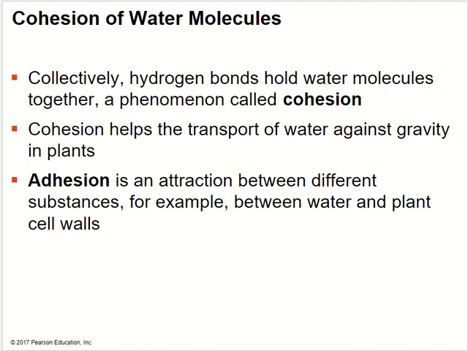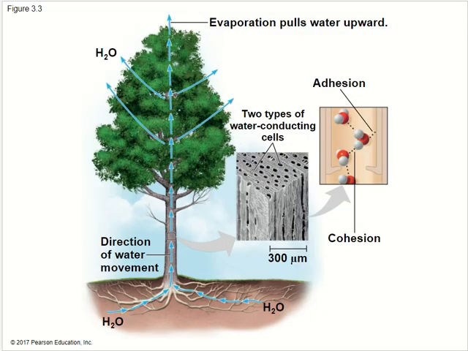So as water adheres to the surface inside a plant, as that water is traveling up, it's pulling more water with it. That would be cohesion. And eventually it evaporates as it gets pulled toward the leaves.